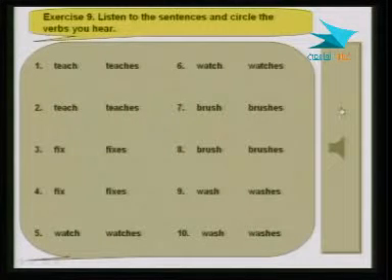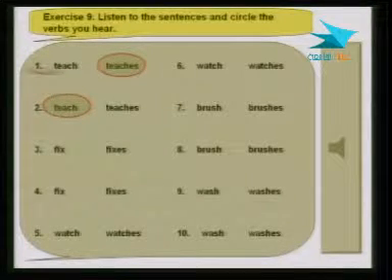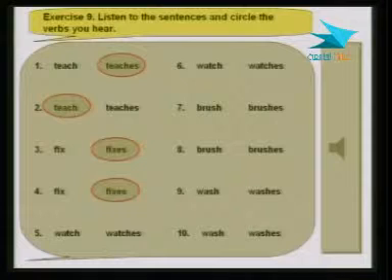Exercise 13, page 62. Listen to the sentences and circle the verbs you hear. 1. Mrs. Miller teaches English on Saturdays. Teaches. 2. Mr. and Mrs. Smith teach English in the evenings. 3. Doug fixes cars. 4. His son fixes cars too. 5.